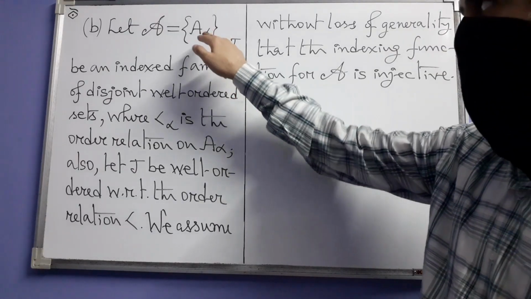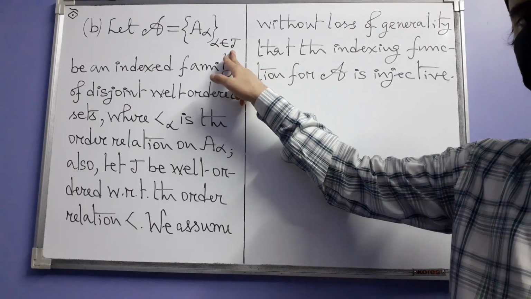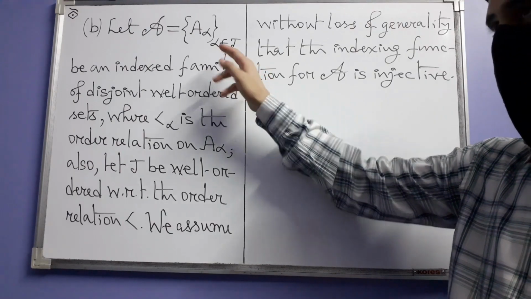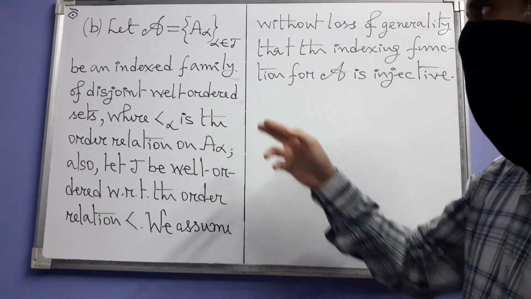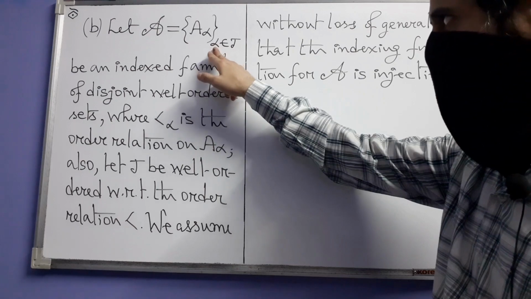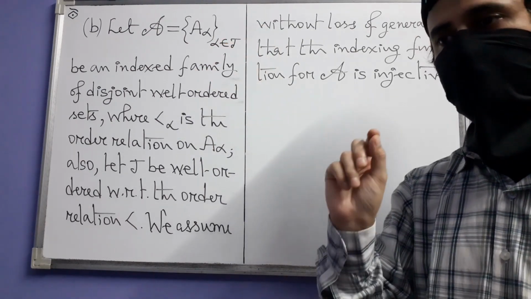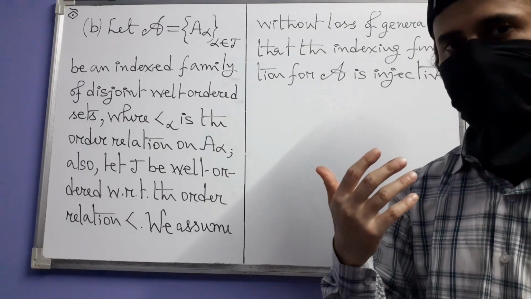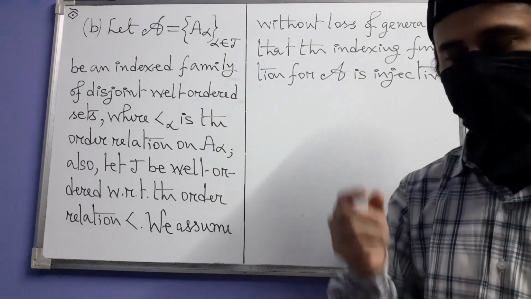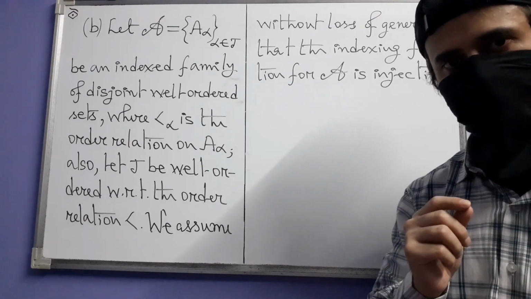The size of this family is determined by the size of the index set J. So you understand that this is an indexed family, and what that means is that for each index alpha coming from J, there is a set A alpha, which is a well-ordered set, and taken together these sets are mutually disjoint. Any two distinct sets from this family are disjoint.